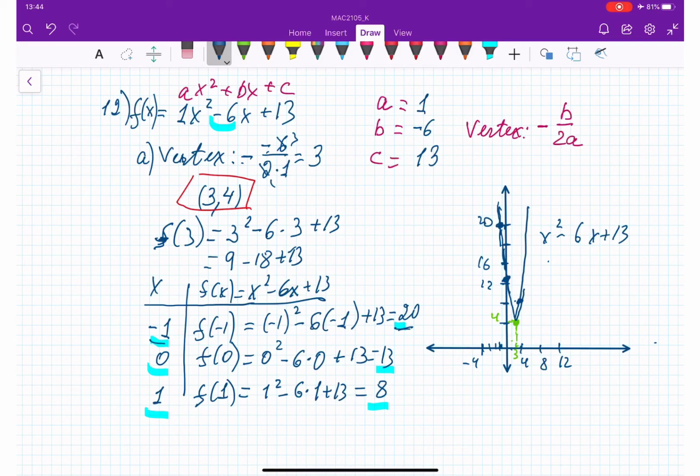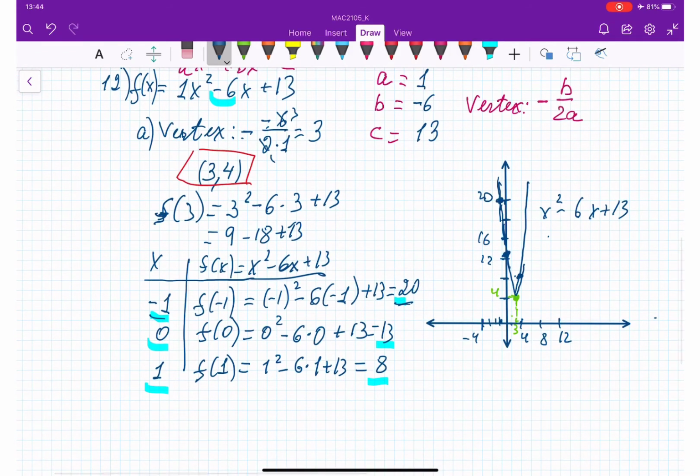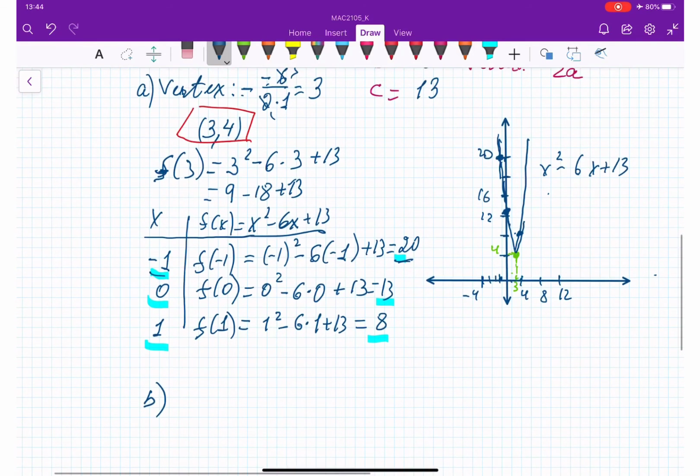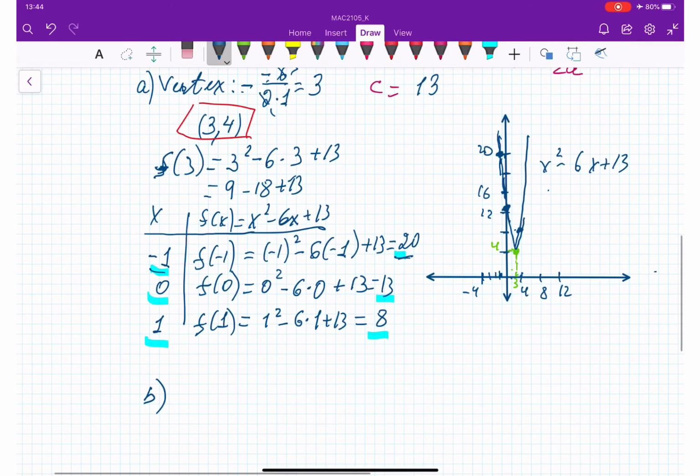This is A. Next, B. Find, what is B? Find axis. So axis is right here, so coming from our vertex here we have 3, then our axis is gonna be x is equal 3.